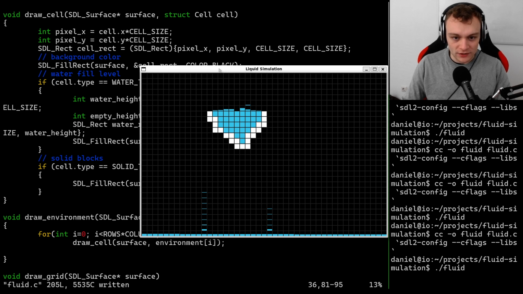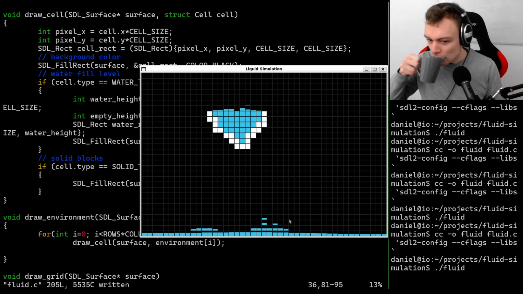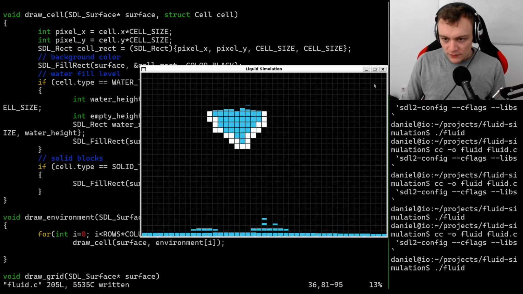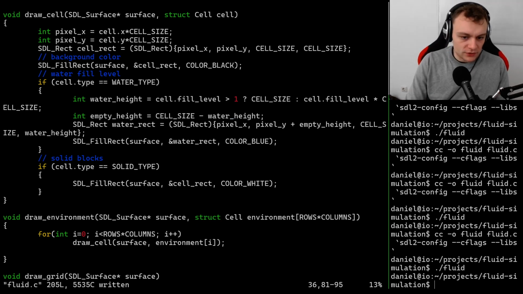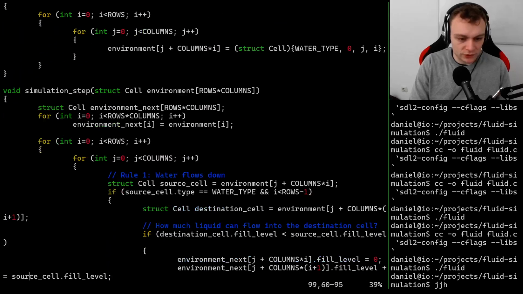And if you drop water on top of the tower, then it will drop down. It's a weird behavior. We have to refine that. Okay, but so far this is good. I like what we're seeing right now.